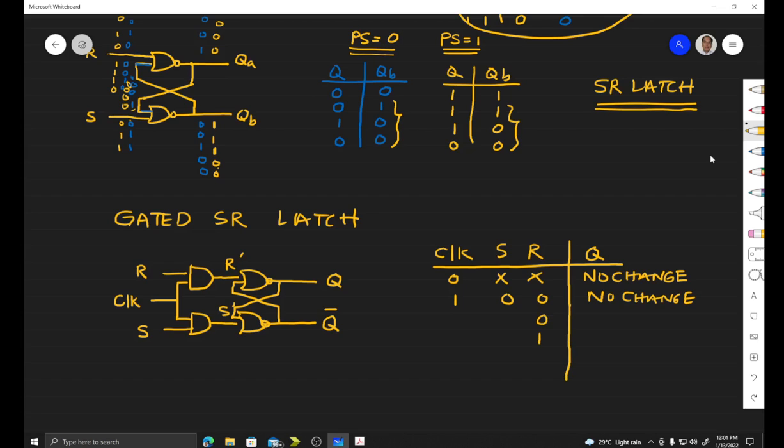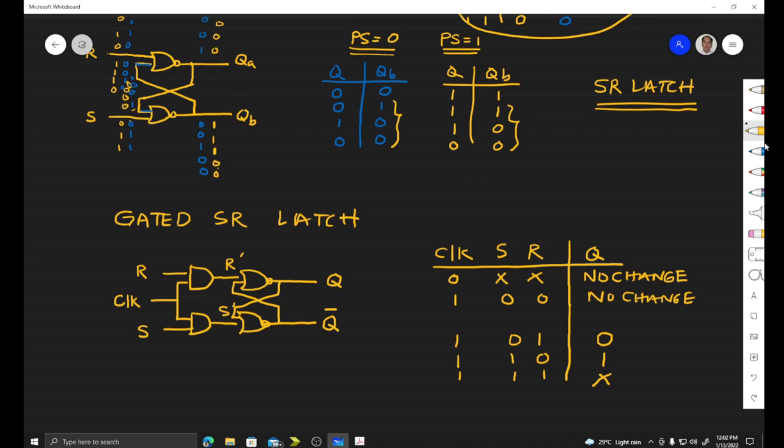If our input clock is 1, then we have S equals 0, R equals 1, so we have here S 0, that means we have here 0. So if our clock equals 1 and S equals 1, that means this is set. So R is 1, S 0 means reset. S equals 1 means a set. So 1, 1, we cannot tell this value, or we can write it as X.